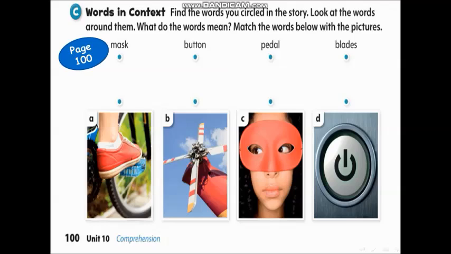The word mask means the picture number C. Yeah, that's great. Okay, who will answer the next one? The word pattern. Which picture does it match with? Yes, Hala? Picture number B. Okay, the word pedal.